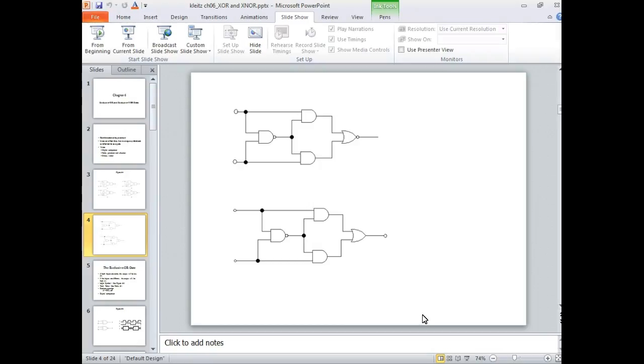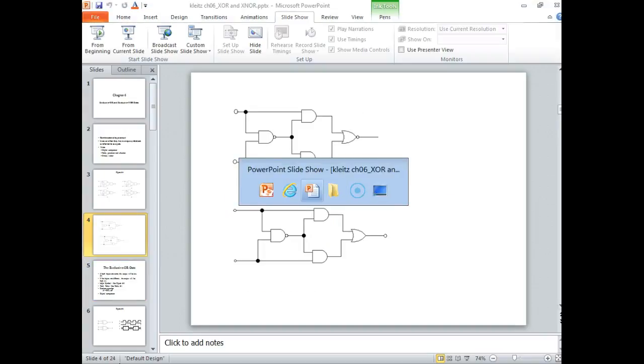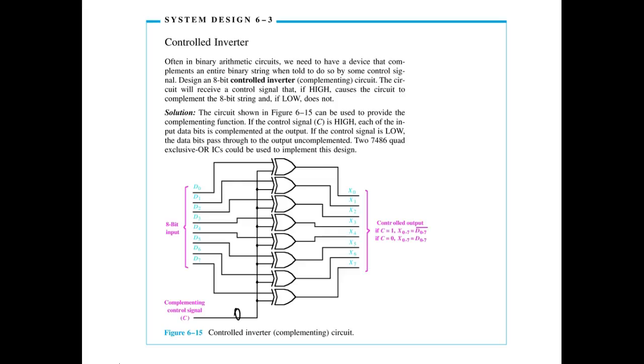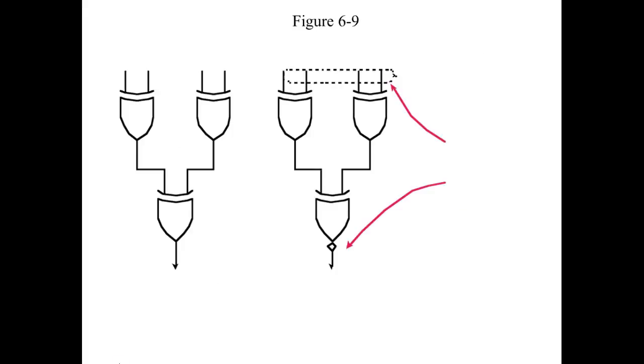Now we're using a 7486 in our lab, and I think it's an exclusive OR. So we don't have an exclusive NOR. How would you make an exclusive NOR out of an exclusive OR? I'm listening, guys. So I want to take this and turn it into this.